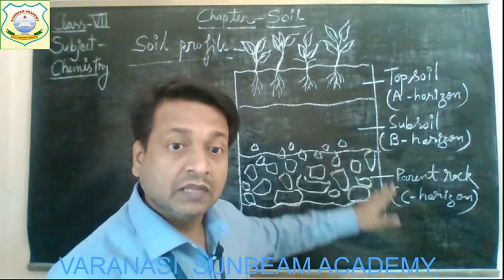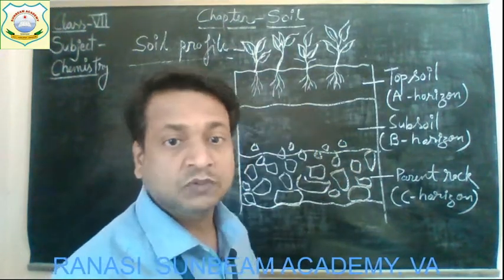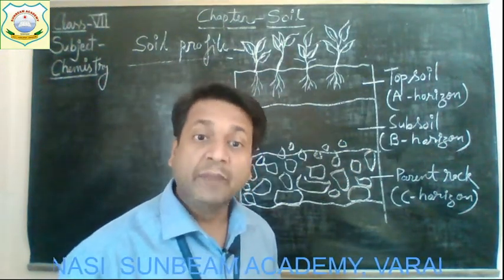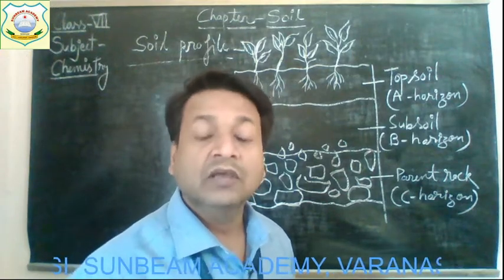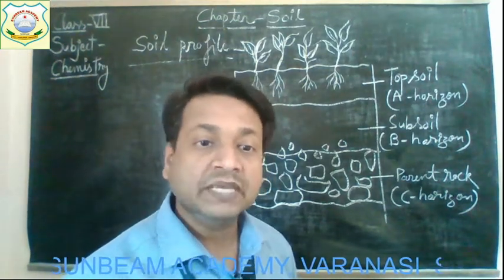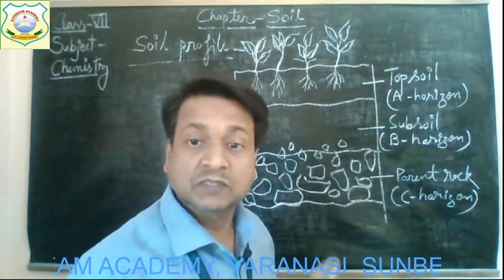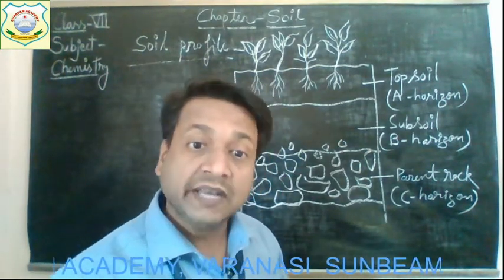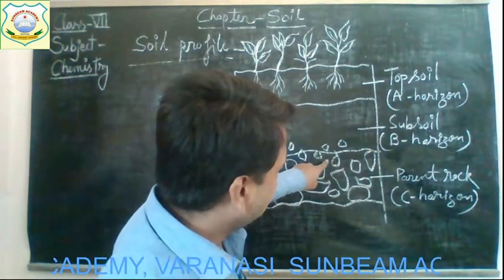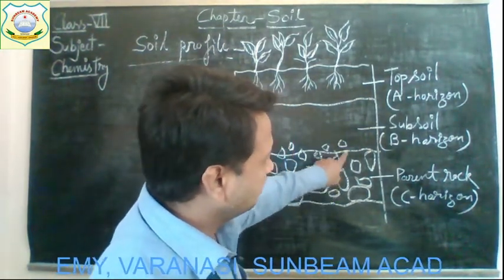This horizon is present below the subsoil, and the parent rock or C horizon consists of small pieces of rocks with cracks and crevices. They have cracks and spaces between them.